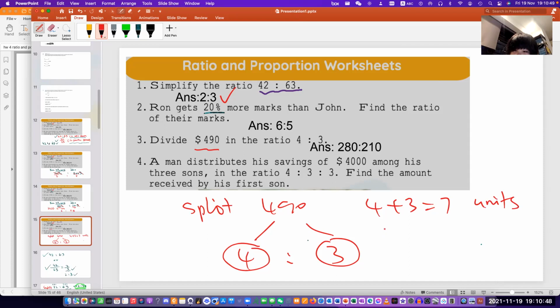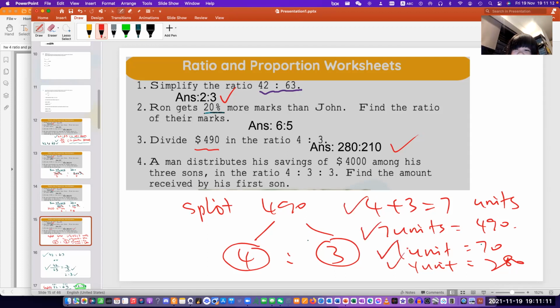So 7 units is your 490. So therefore, 1 unit is 70. So 4 units is 4 times 70, you get 280. So 3 units, you will get 210. So your answer is correct. Okay, but the working should be this. All right, are you clear?